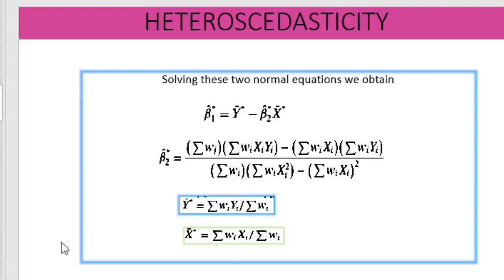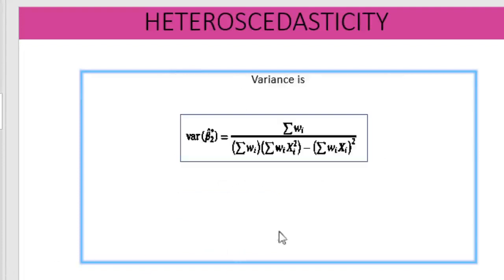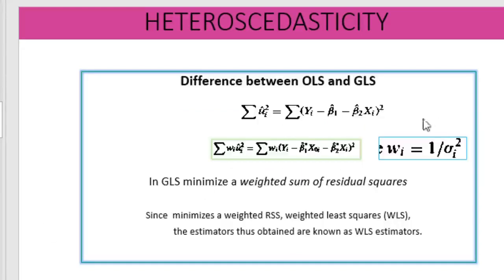That is, it is the weighted average. Then the variance is defined as sum wi divided by (sum wi into sum wi xi square minus (sum wi xi) the whole square). The difference between OLS and GLS is that in OLS we minimize the residual sum of squares, whereas in GLS we minimize the weighted residual sum of squares.